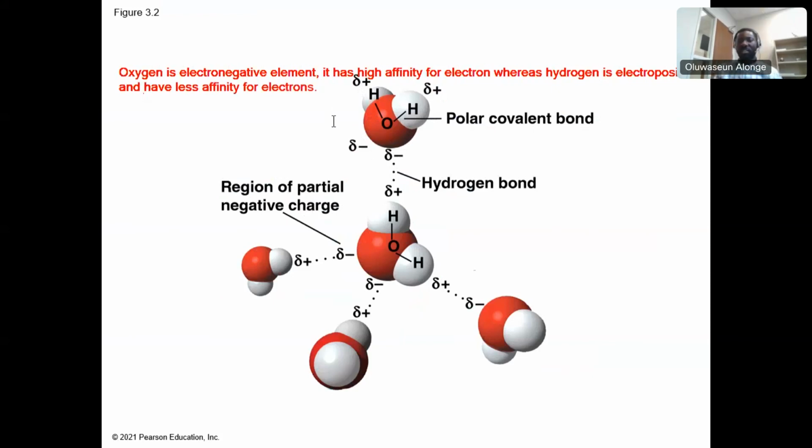Right? So because of that, hydrogen is going to attract electrons less, whereas oxygen attracts electrons more.